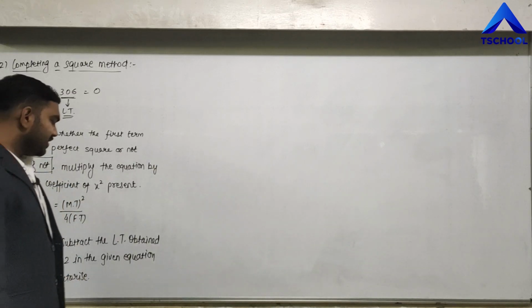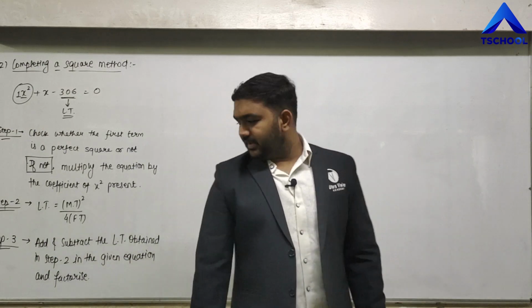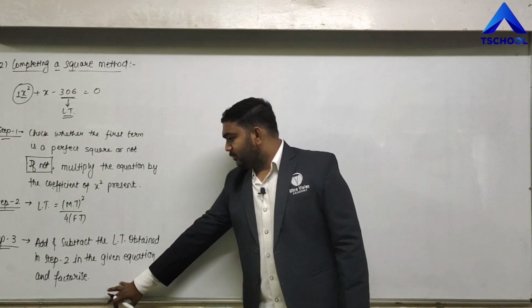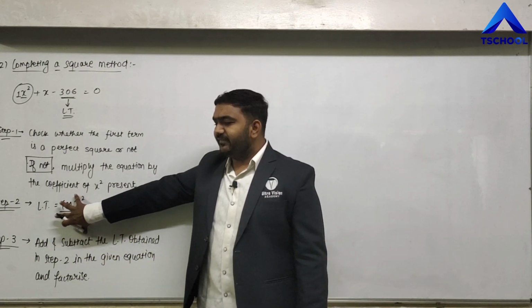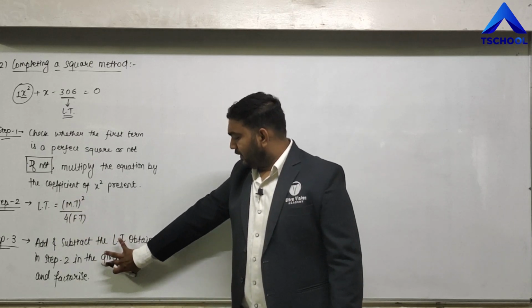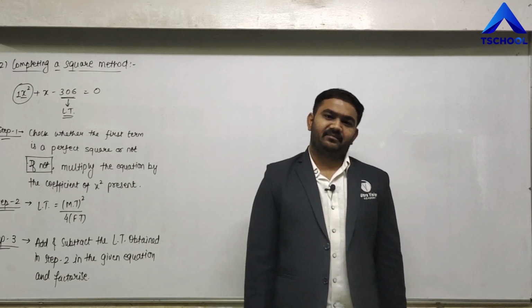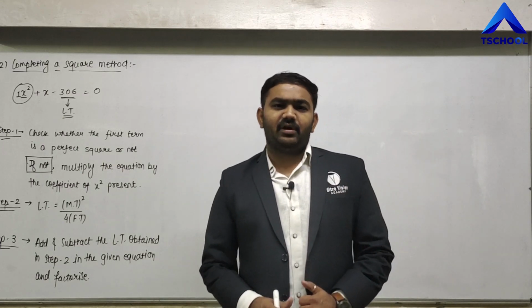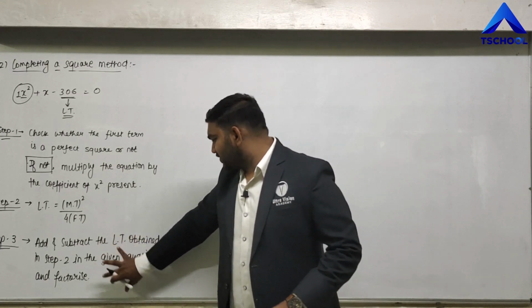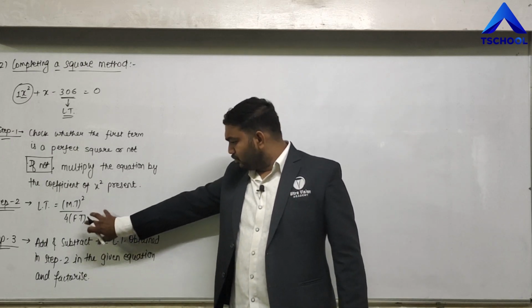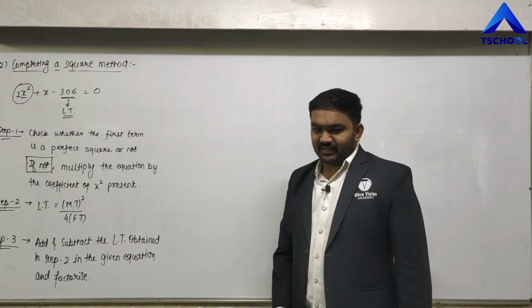That means the last term that we get in step 2 will be added and subtracted at the same time. So add and subtract the last term obtained in step 2 in the given equation and then factorize.